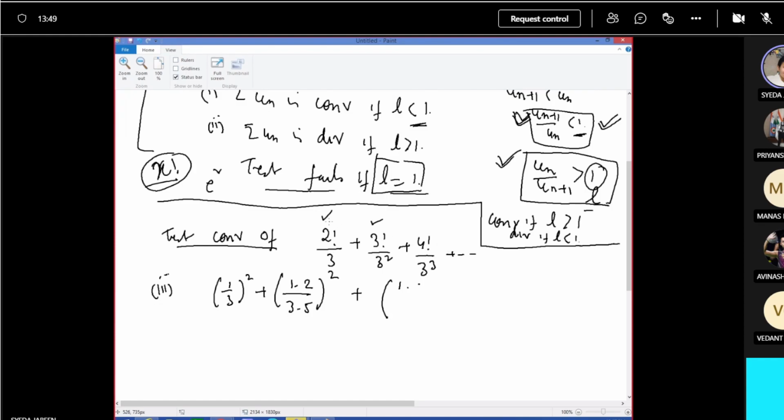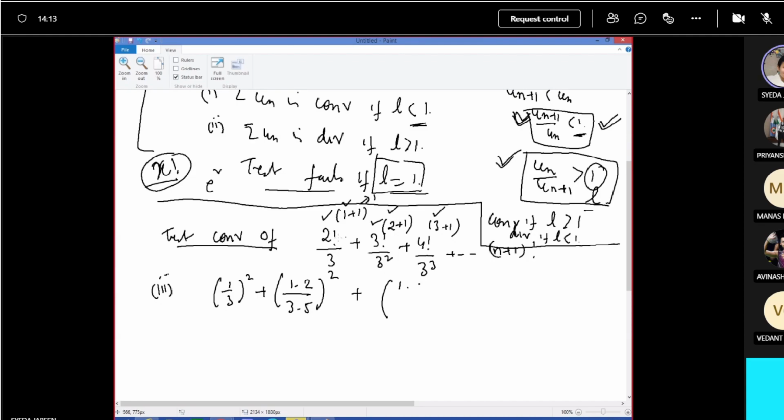That means any term will be 1 more than the term number. First term means 1 plus 1, second 2 plus 1, 3 plus 1, 4. So when n is increasing, first one is 1, second one is 2, third one is 3, so the term will be n plus 1. (n+1) factorial by 3 to the power n.